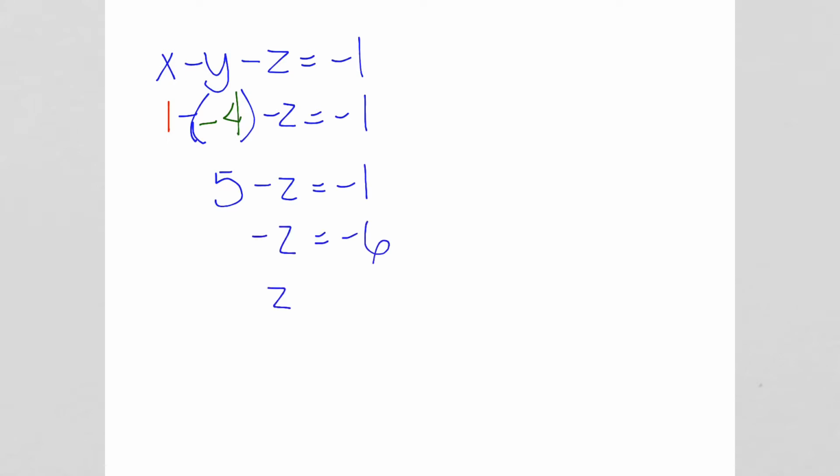And we've got that x was 1, y was negative 4, minus z equals negative 1. So we've got 1 plus 4, that's 5. Subtract 5 from both sides, divide by negative 1, and z is 6. So our solution point is 1, negative 4, 6.